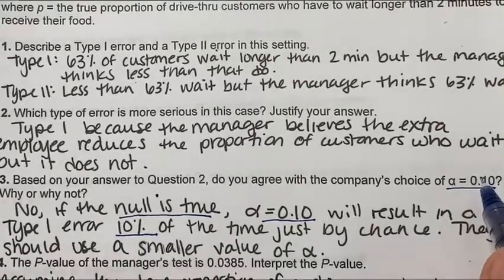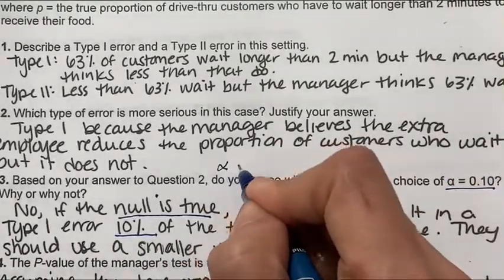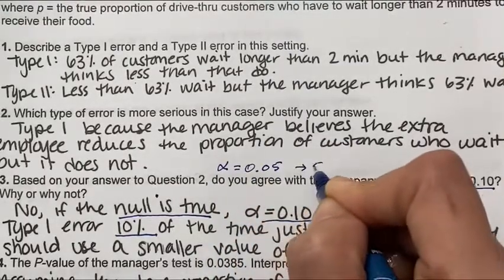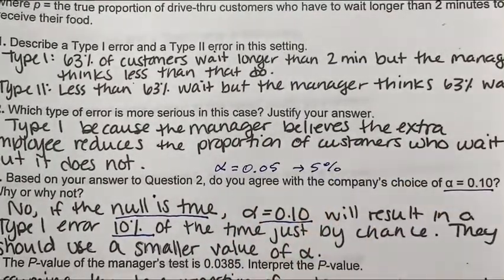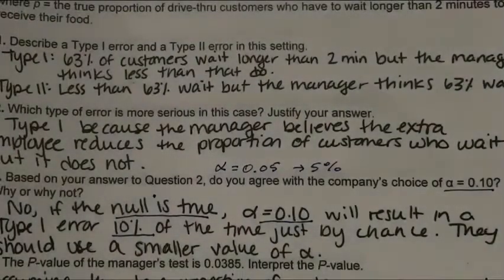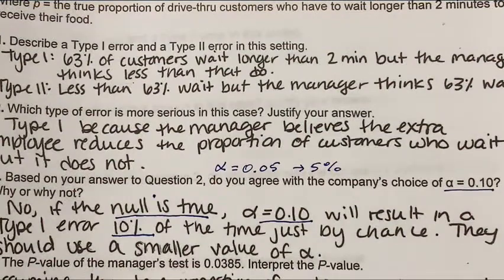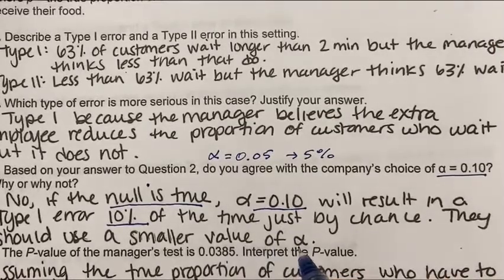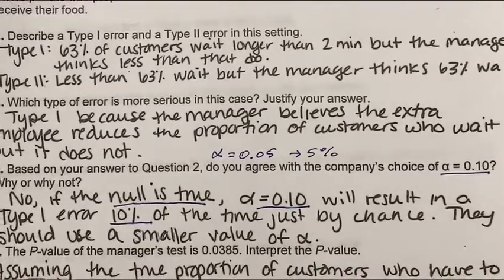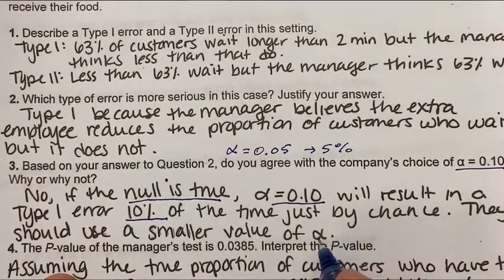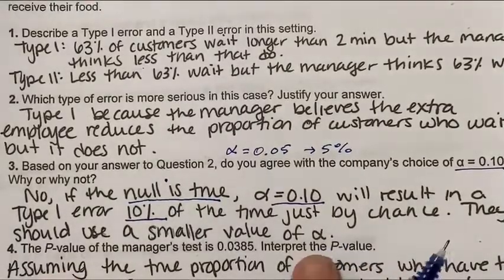So if you set alpha at 0.05, 5% of the time you will get it wrong. If you increase your alpha, then now you're getting it wrong by pure chance 10% of the time. They should actually use a smaller alpha, okay? If you're trying to detect, you want to make alpha smaller.